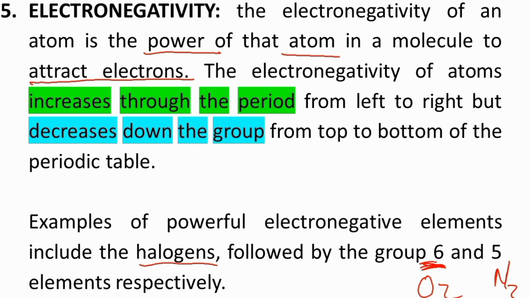This means fluorine is the most electronegative element in the periodic table, because electronegativity decreases as you come down the group, and increases through the period from left to right. Okay, now diagonal relationship.